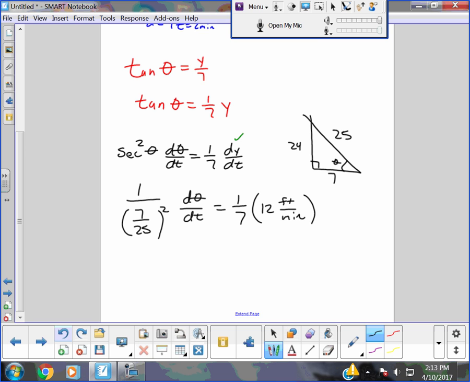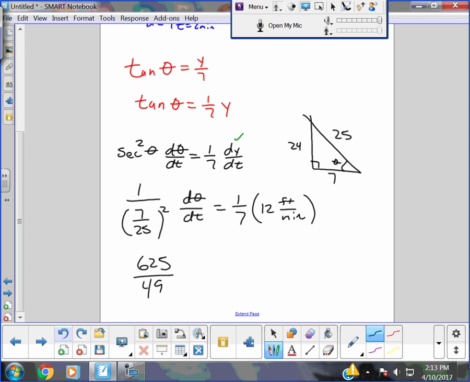What's the unit on secant? Why didn't I put units on there? They cancel, right? 7 feet divided by 25 feet is just 7/25. There's no units.